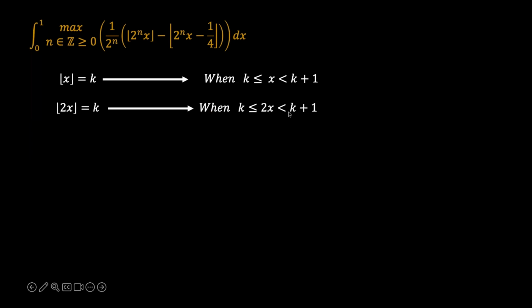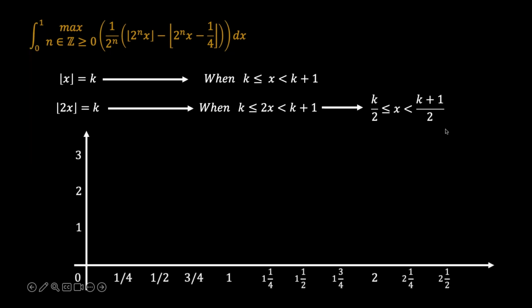As soon as 2x becomes k plus 1, this becomes k plus 1. But so long as 2x is greater or equal to k and less than k plus 1, then the floor function of 2x is equal to k. So in that event, that means that x should be greater or equal to k over 2 and less than k plus 1 over 2.